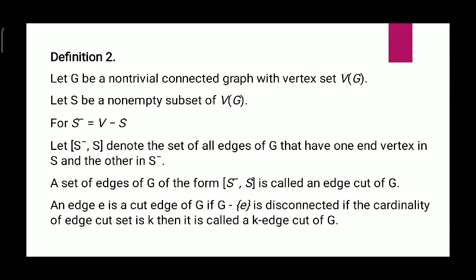Then the set of edges of G induced by S dash and S is called an edge cut of G. Or you say an edge E is a cut edge of G if G minus E is disconnected. If the cardinality of the edge cut set is K, then it is called a K edge cut of G.